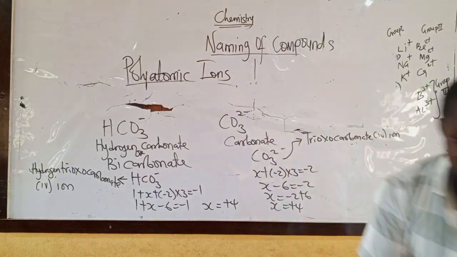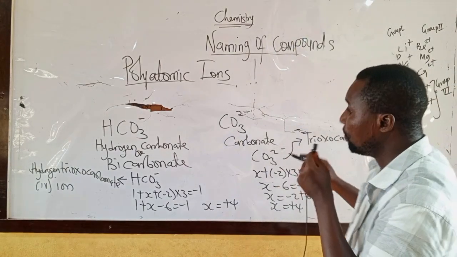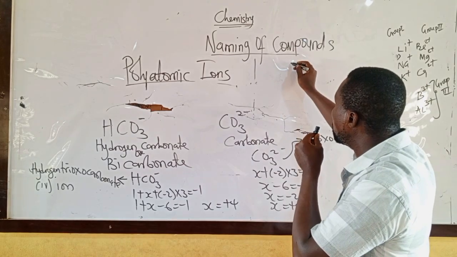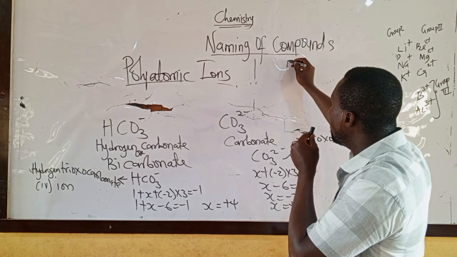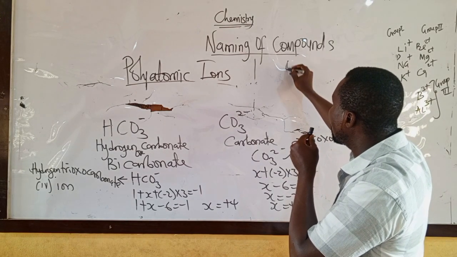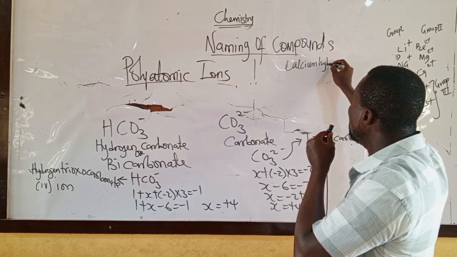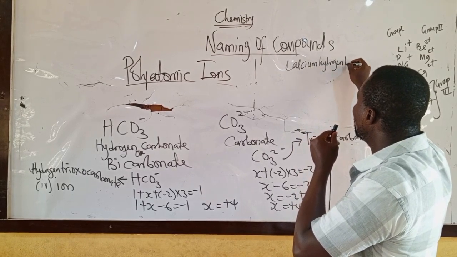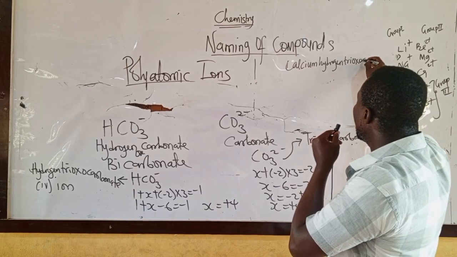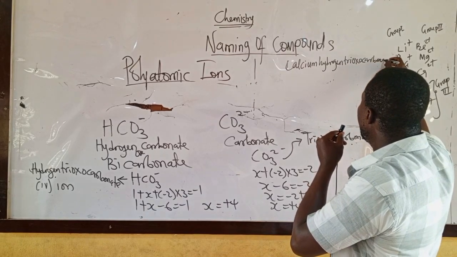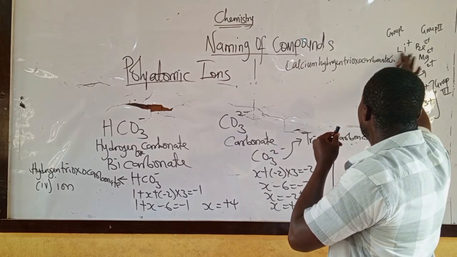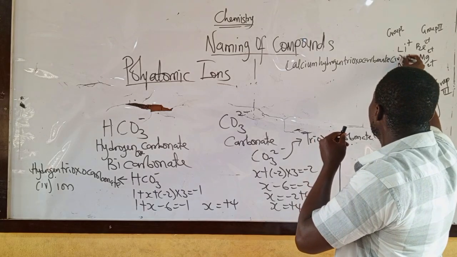If I ask you to write chemical formula, look at this. Calcium hydrogen trioxocarbonate 4.